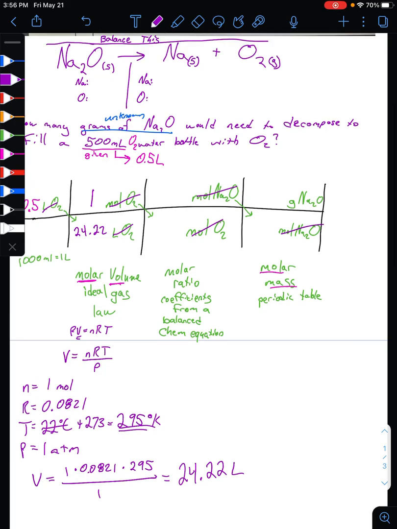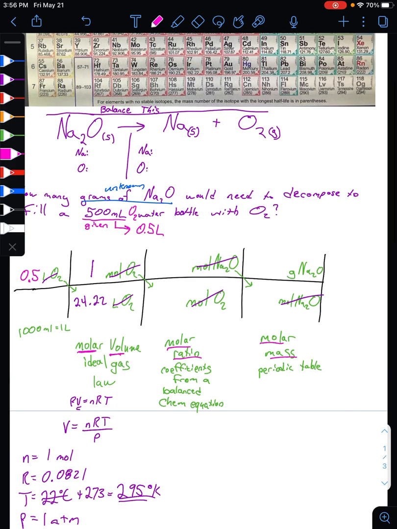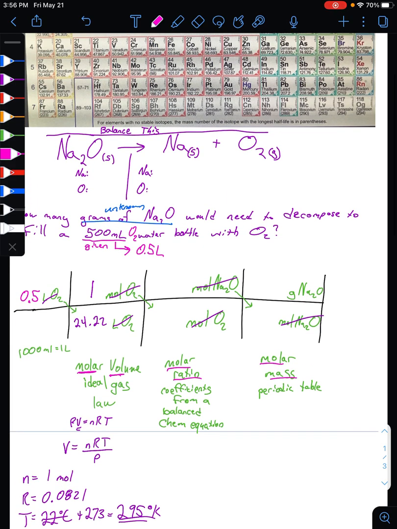All right. Next step. Molar ratio with coefficients from a balanced chemical equation. Well, our problem's not balanced, so time to balance it. In doing this, remember, if the molecule's here, you have one of them. So really, there's a 1 there, there's a 1 there, there's a 1 there.